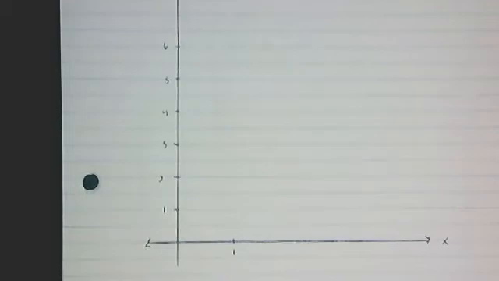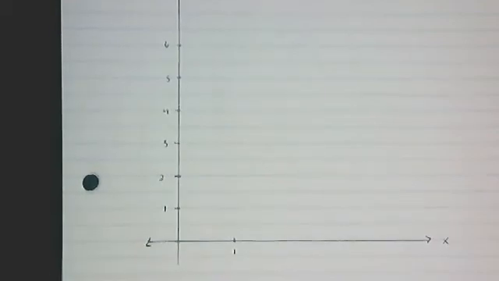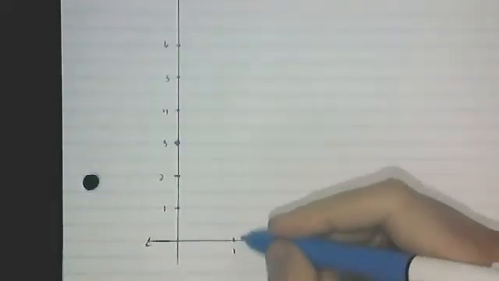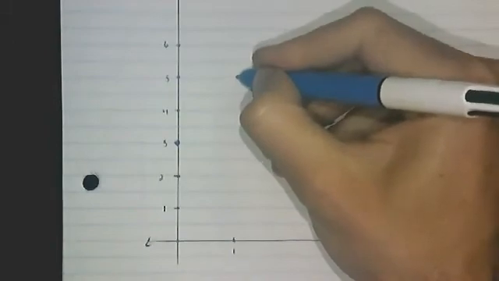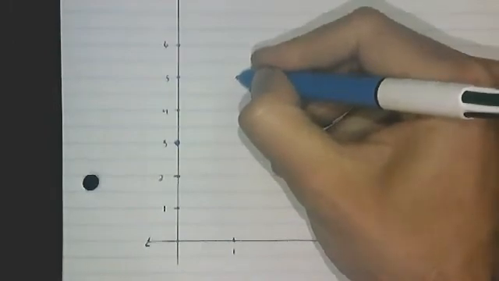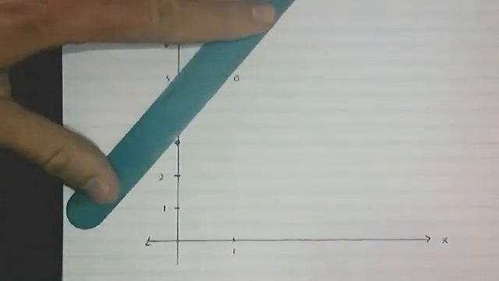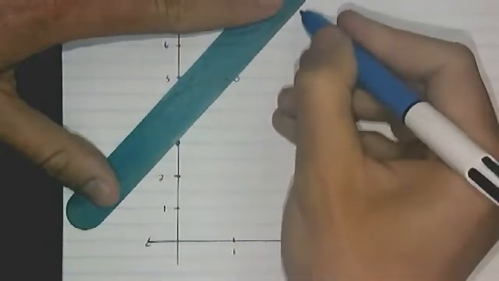There's 1. So our function is going to look something like, remember there's an open circle at (1, 5) because there is no function value there. Draw in that line.